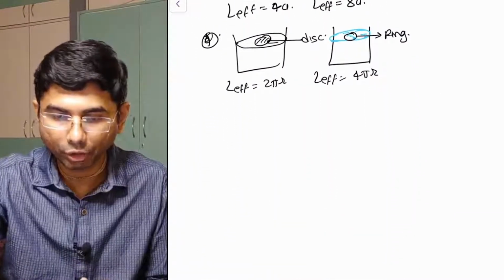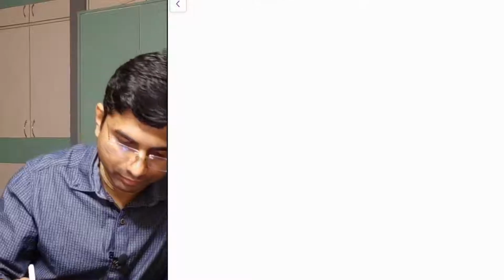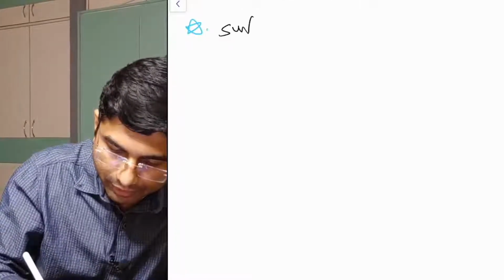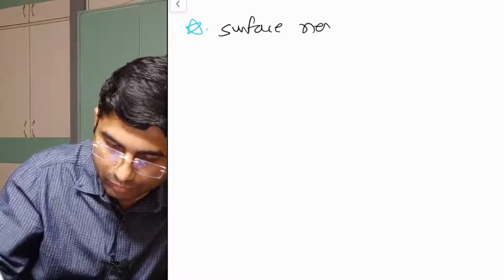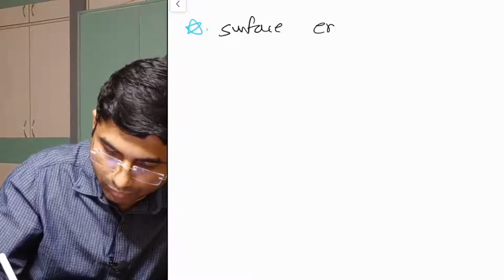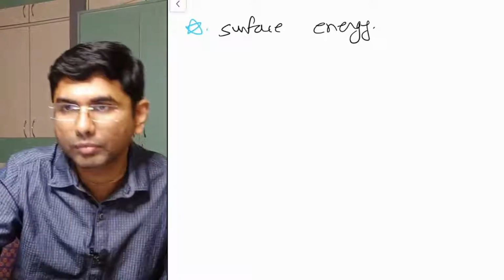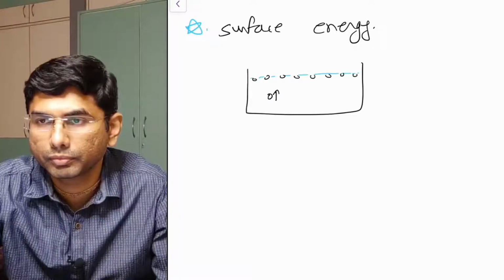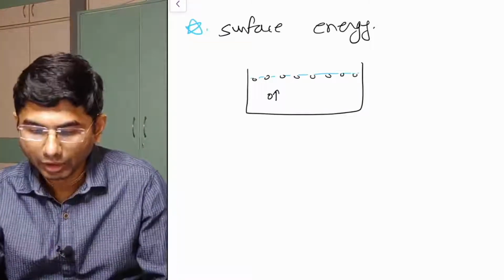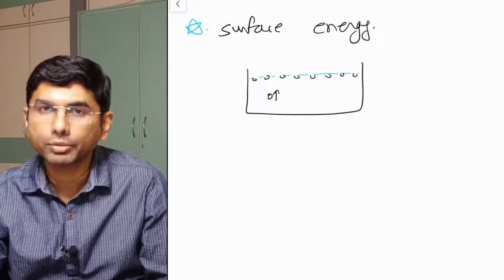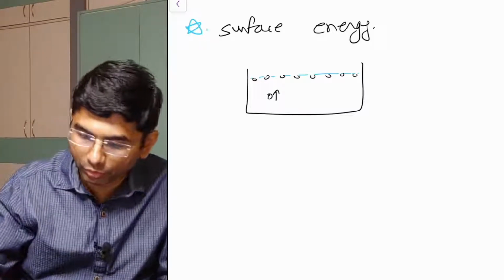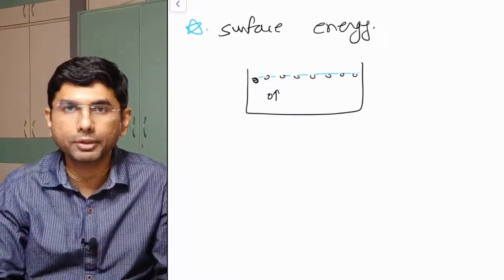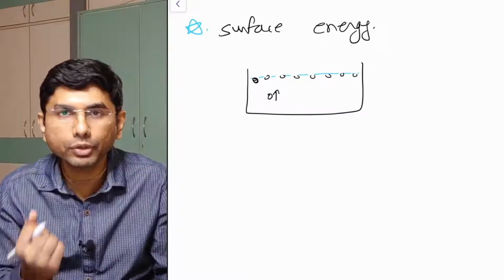Okay, now there is another topic which comes, surface energy. You have seen in our explanation of surface tension that the molecules on the surface of water or on the surface of a liquid are always experiencing a force which is downward.